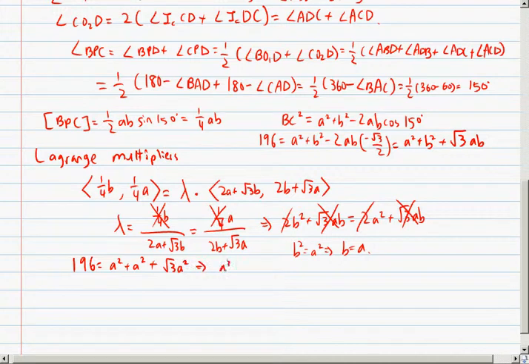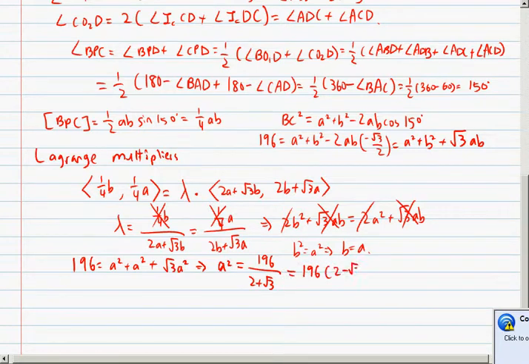So A squared is equal to 196 divided by 2 plus √3, or 196 times the quantity 2 minus √3, formed by rationalizing the denominator, because 2 plus √3 times 2 minus √3 is equal to 4 minus 3, or 1, via difference of two squares. So we have A squared equal to 196 times the quantity 2 minus √3.